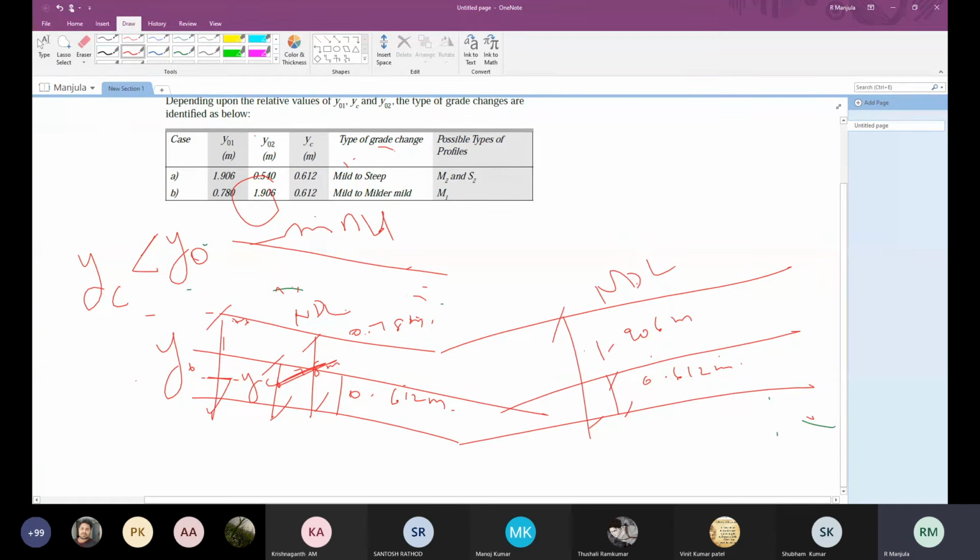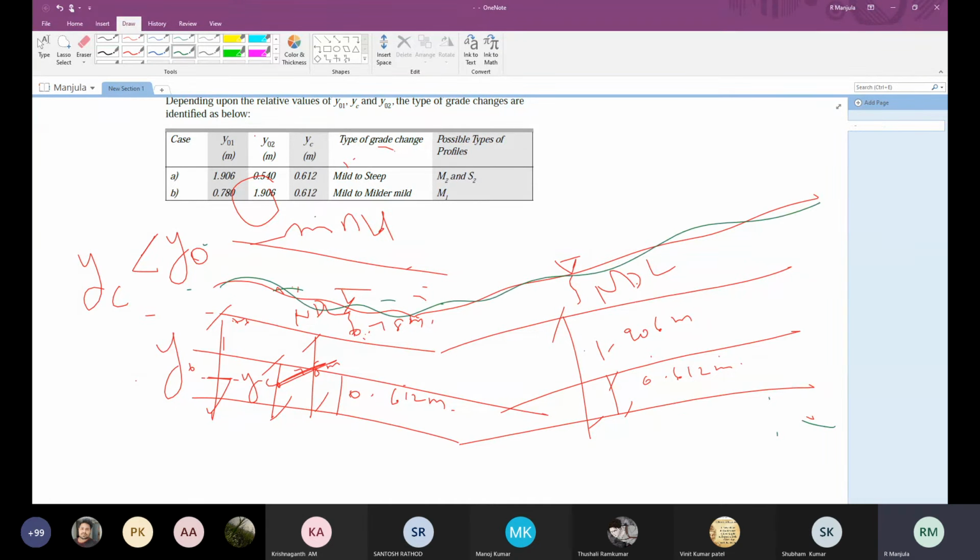So how will the slope profile be? It will be the same, mild to milder, because the water surface profile is M1 profile.